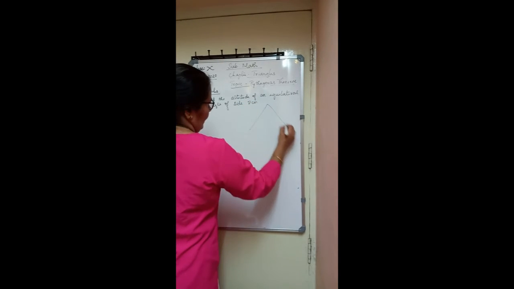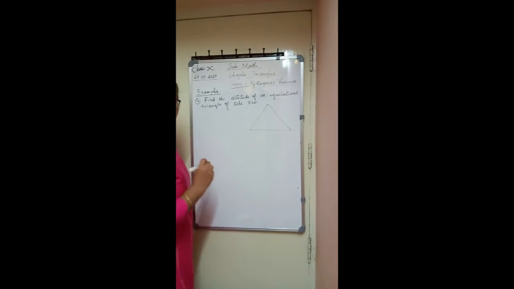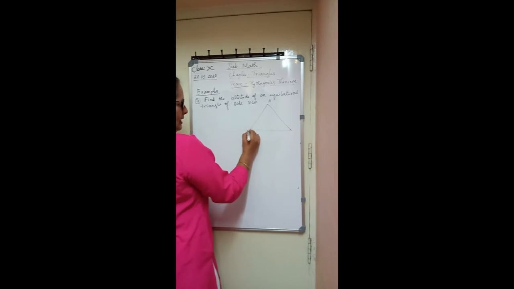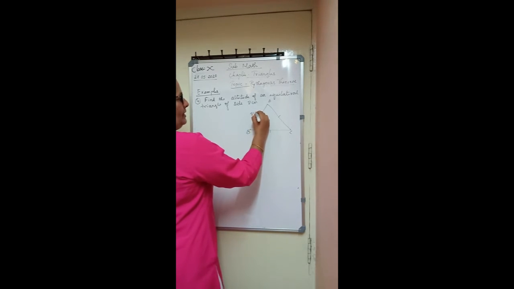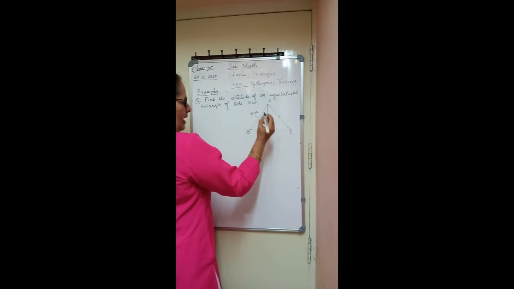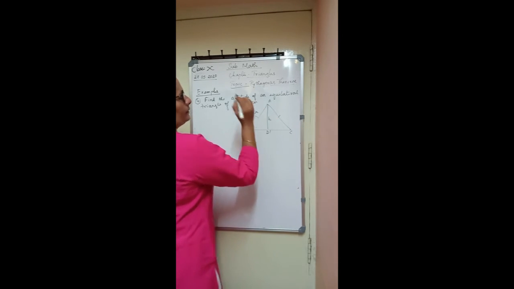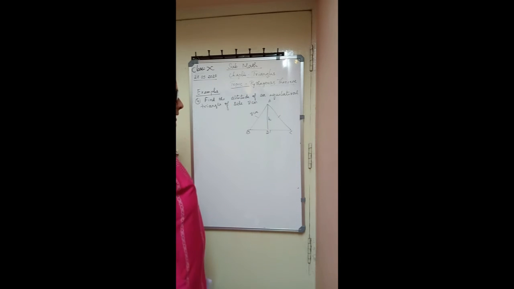Now you have to find the height of this equilateral triangle. So ABC is an equilateral triangle where each side is 8 centimeter, given. You have to find the height of the triangle, the altitude of the triangle.